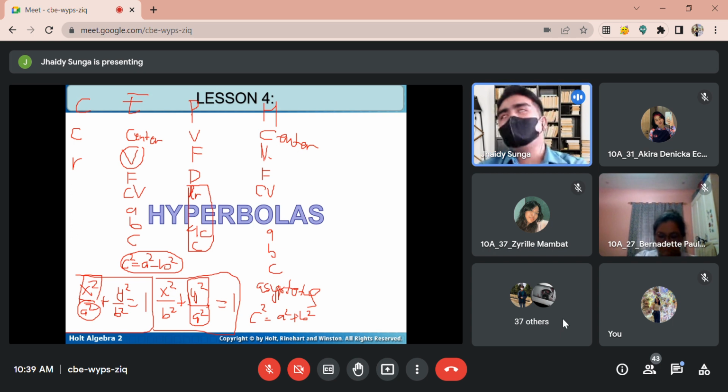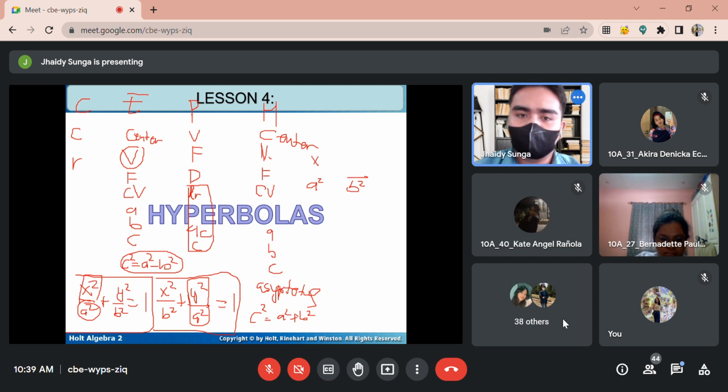But in hyperbola, you can really see already that it's a hyperbola. The denominators are a squared and b squared, and the first fraction that you will always see is positive, so this is x squared over a squared minus y squared over b squared.